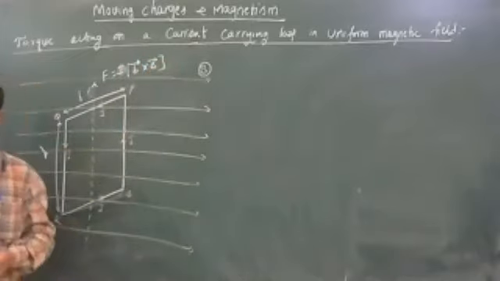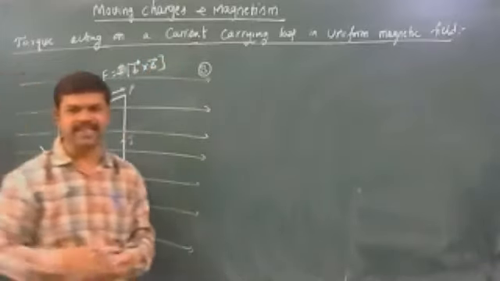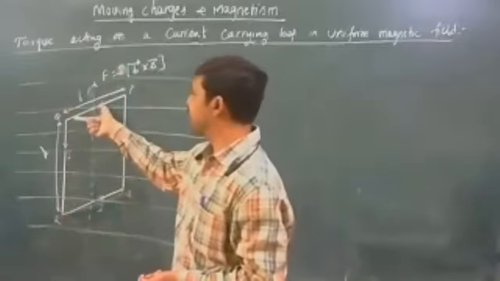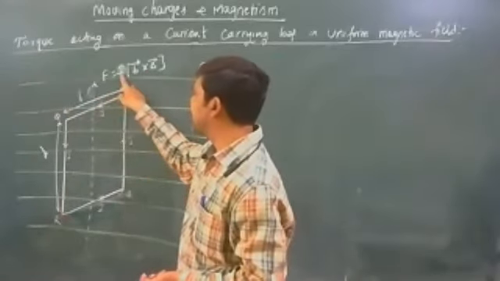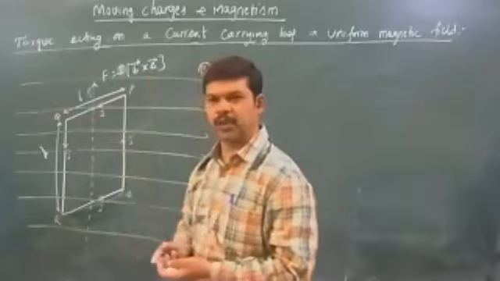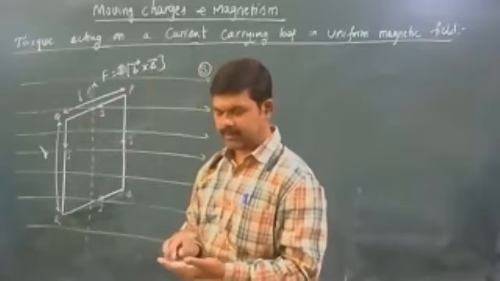Force acting on a conductor is BIL sin theta. Here the length of the conductor is B, I is the current flowing, so the force is BIB. Is it okay? Yes, sir.